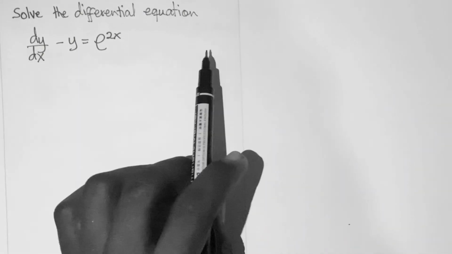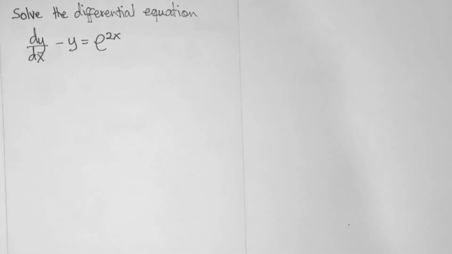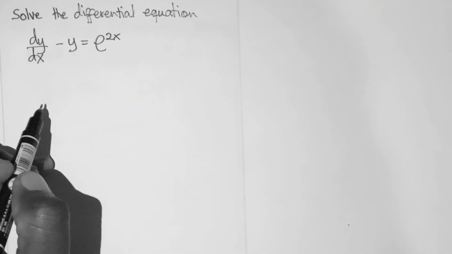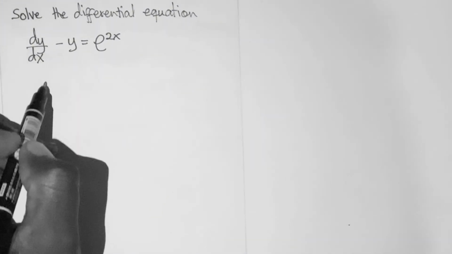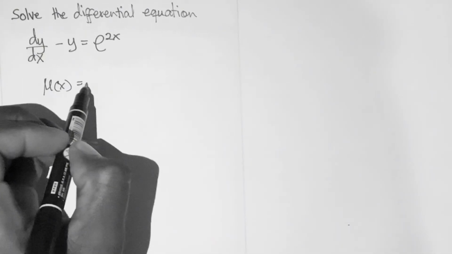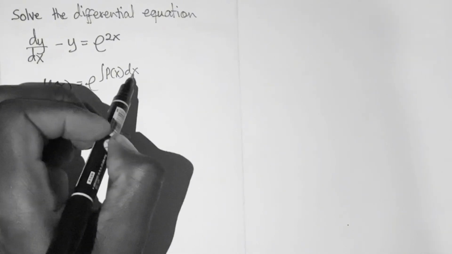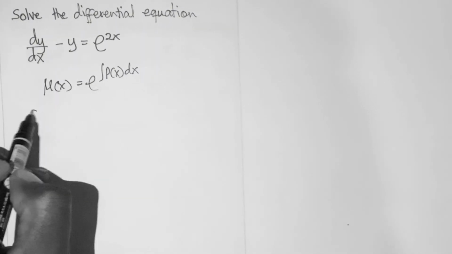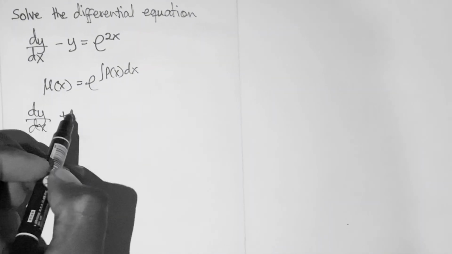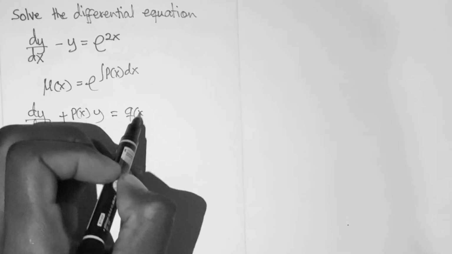Solve the differential equation dy/dx minus y equals e^(2x). The first thing is to look for the integration factor. From theory, the integration factor mu(x) is equal to exp of the integral of p(x) dx. Remember the general formula is dy/dx plus p(x)y equals q(x).